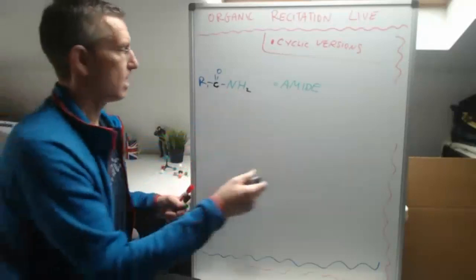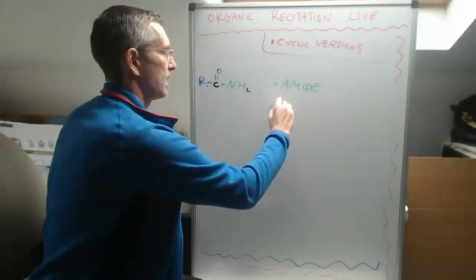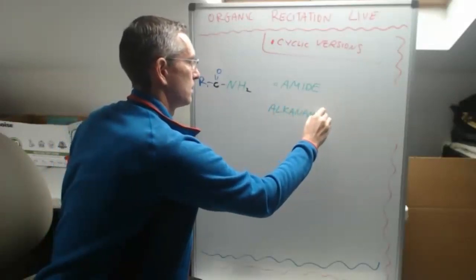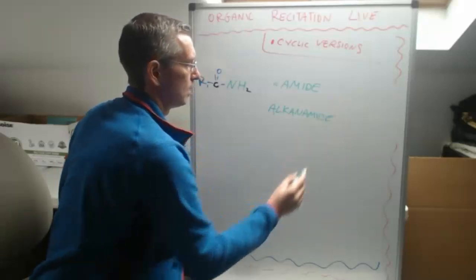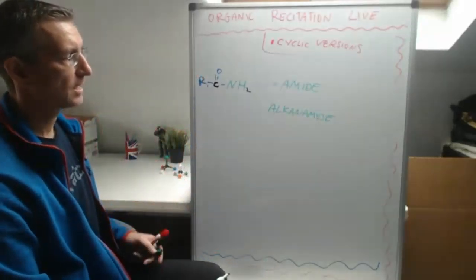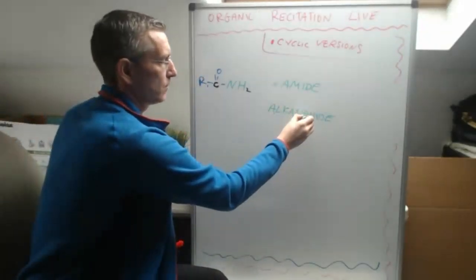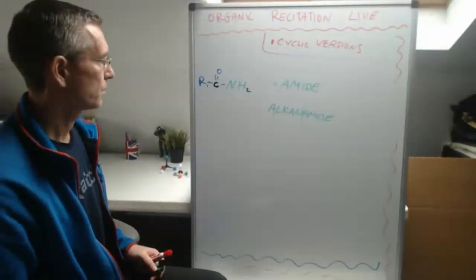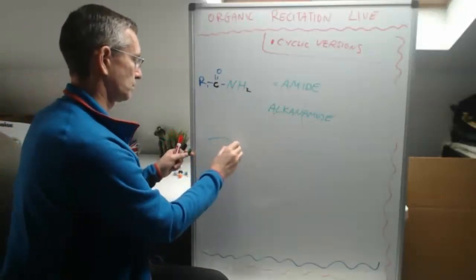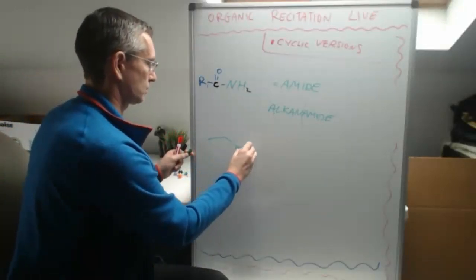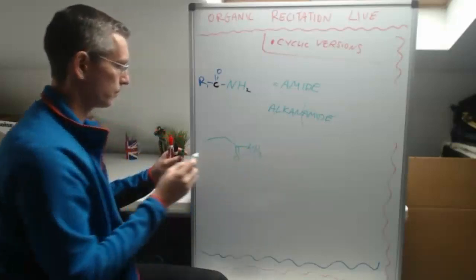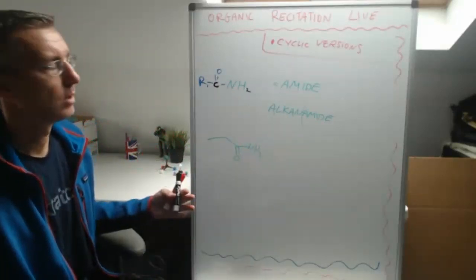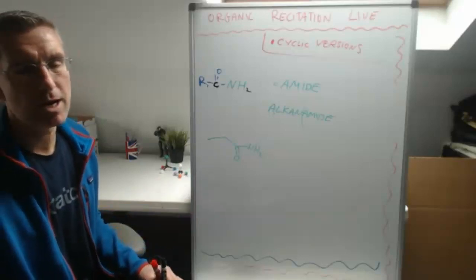So for an amide, generically these are named as an alkanamide. So you can sort of see the two different parts of their names. So, R group connected to a CO double bond connected to an NH2, you would recognize that as an amide.